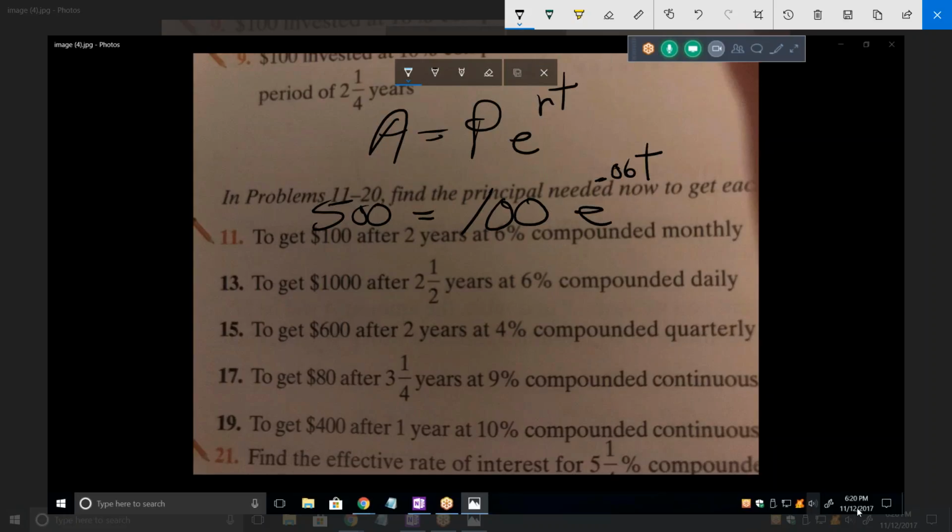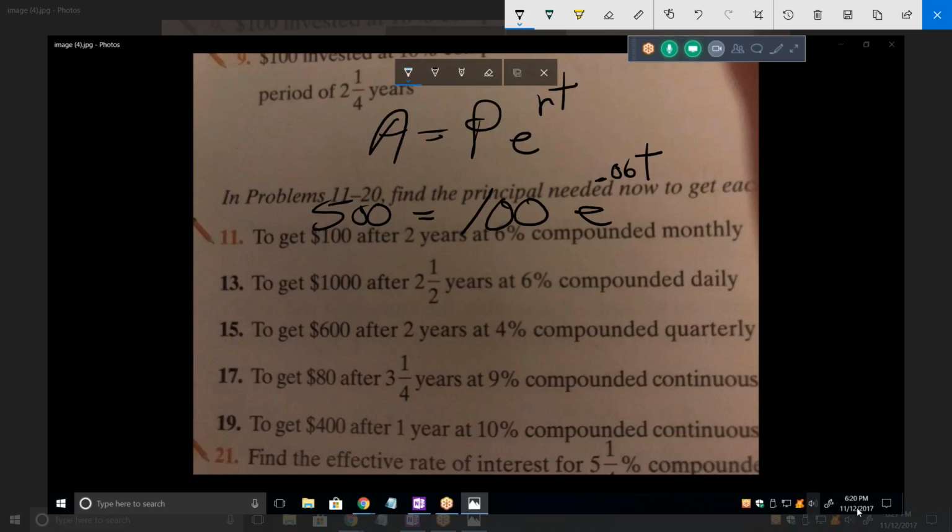So you have to solve for t. The difference in this kind of a problem is we're not solving it algebraically anymore. When your variable is in the exponent, you got to use logs to solve it. What's the first step for solving this?